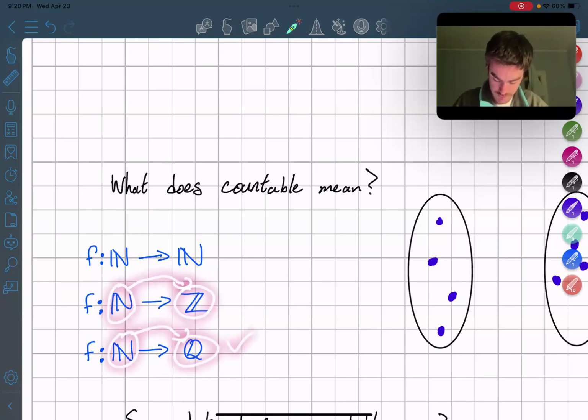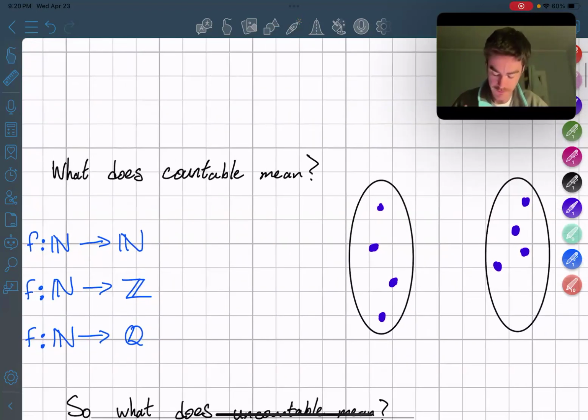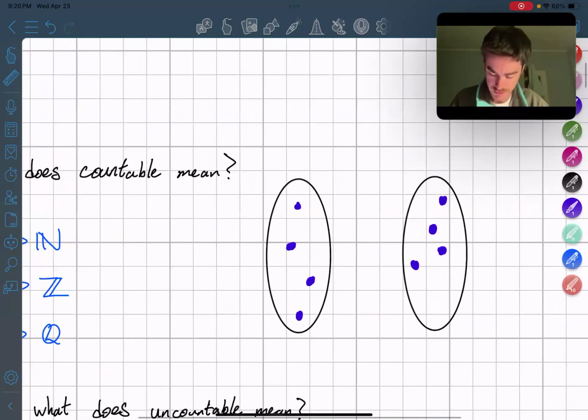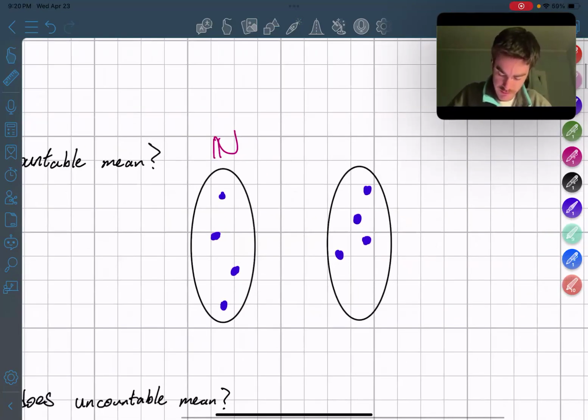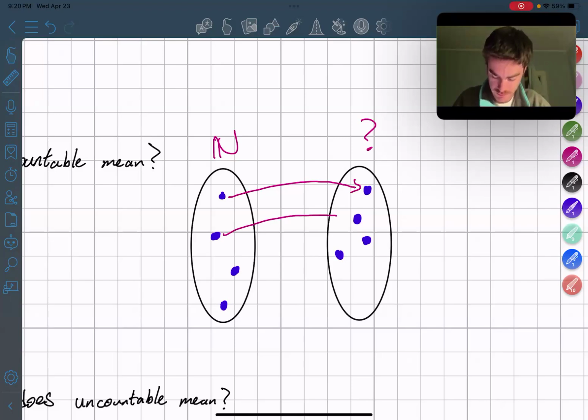We've seen this one before, but just to go over what a proper bijection should look like, if we have these two little shapes here, and this is our naturals, and this is our something else, we want to be able to have every element mapped to every other element.